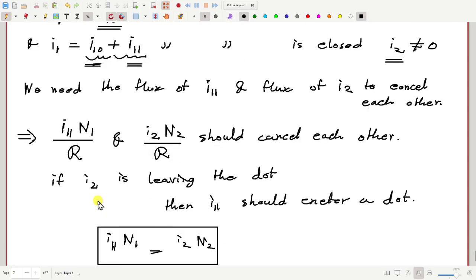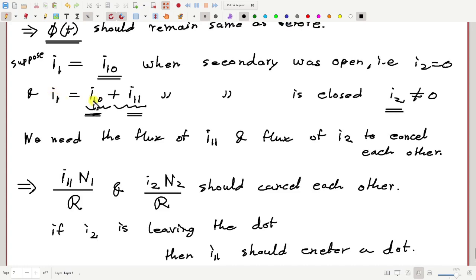However, I1 is equal to this, and how much is I1 naught? I1 naught is the current that was flowing when the secondary was open.